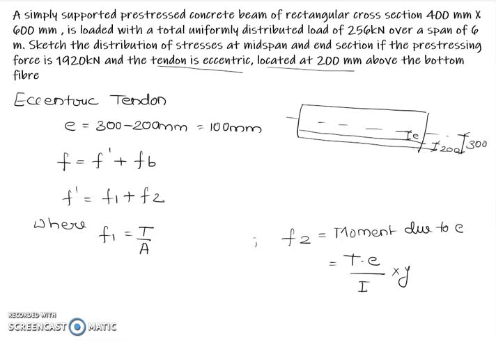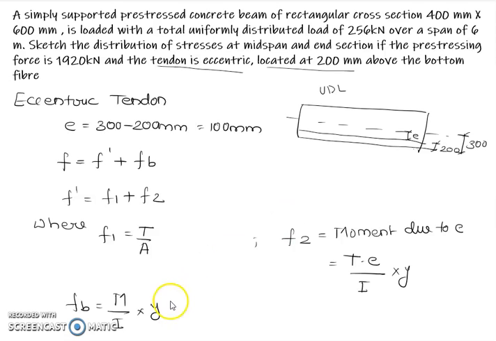So F2 is moment due to eccentricity E, equal to T, the pre-stressed force, into eccentricity upon I into Y. FB is due to the moment at the midspan, that is due to the UDL acting on the beam, external loading, which is M by I into Y. This also we have already discussed. So F is equal to F dash plus FB, where F dash is addition of F1 plus F2 and FB is nothing but M by I into Y.